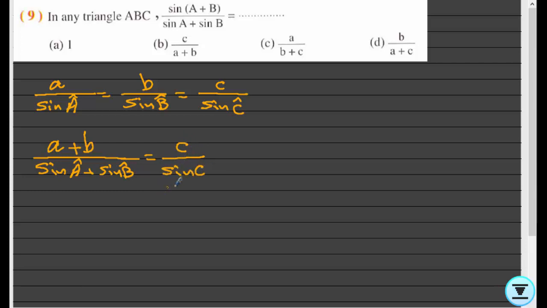Back to the triangle ABC. I'll draw it here. What is the sum of the interior angles of this triangle?